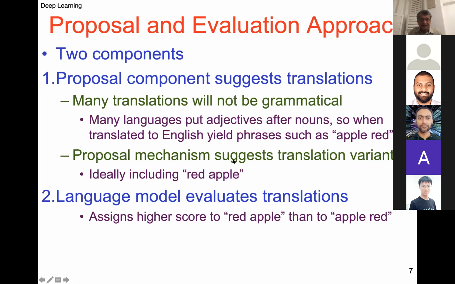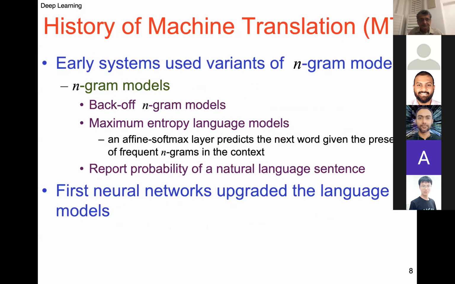So there will be some suggestions and there will be translation correction and so on. The language model evaluates the translations and assigns a higher score to red apple than to apple red. So the proposal component suggests a translation, and a language model gives a higher score to something that is grammatically correct and so on. So this is probably a standard approach now.